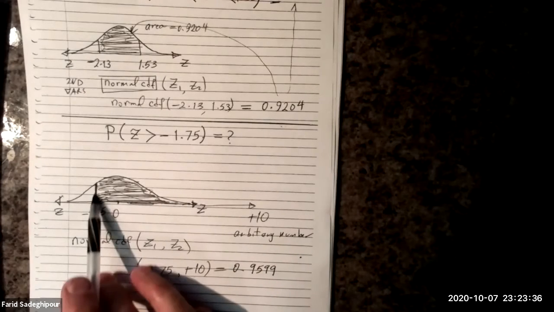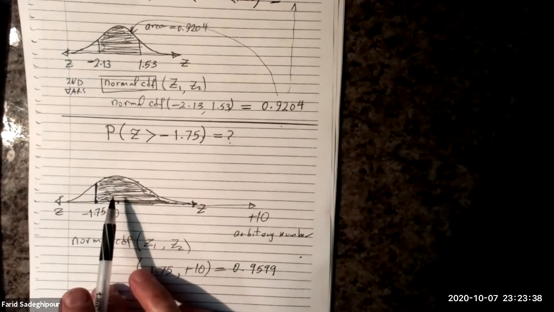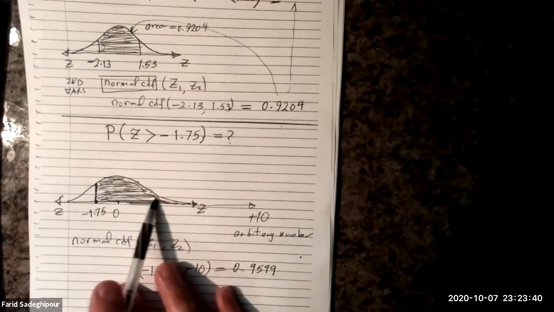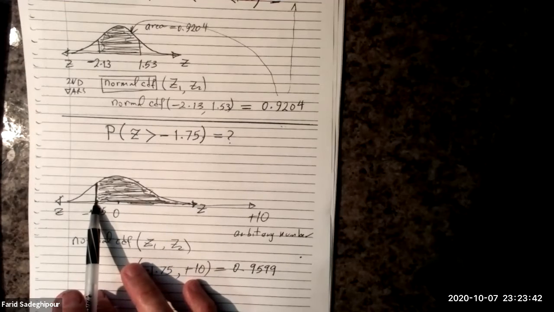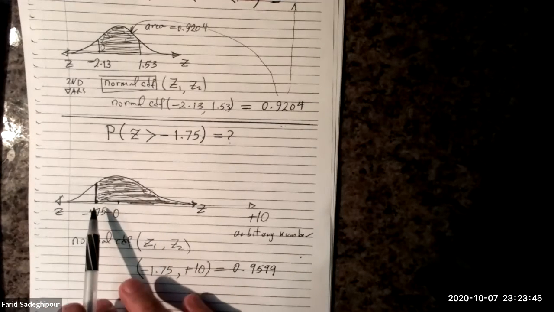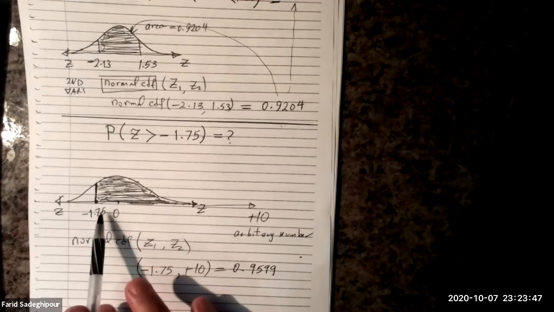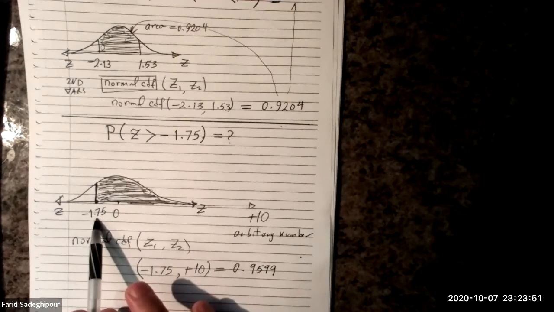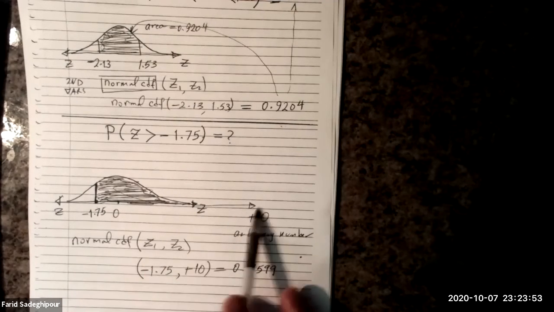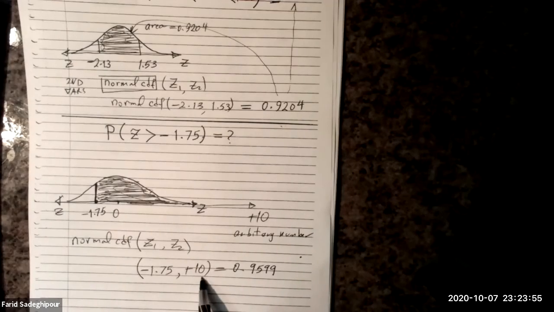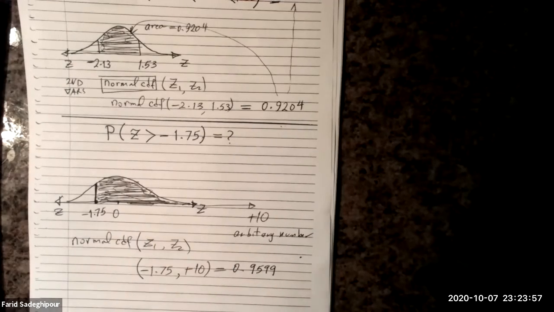Next, Z greater than -1.75. The picture is just for you to get some idea. It doesn't have to be exactly -1.75 here or there, it doesn't matter. Again, we need both points. One point is given. For the other point, just use an arbitrary number like 10. That gives you this area.